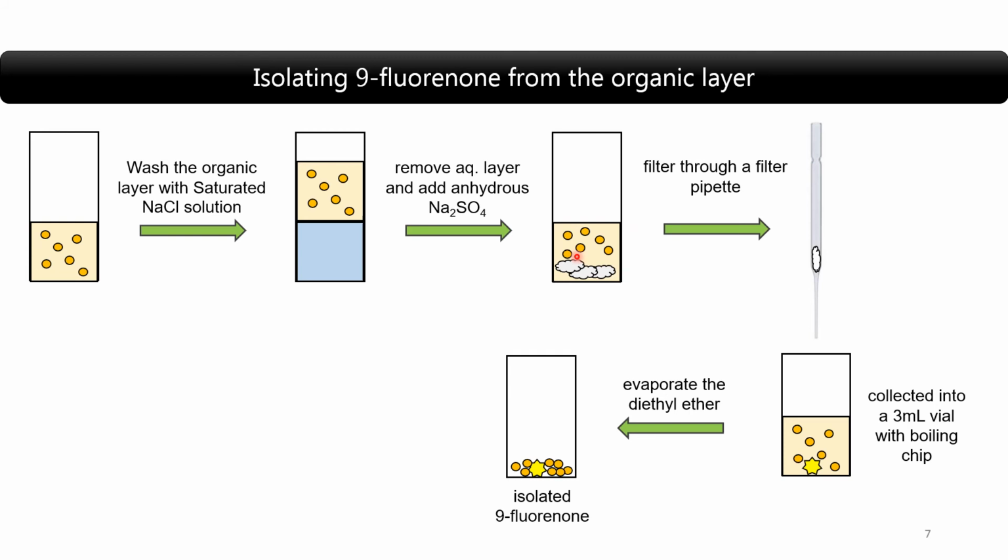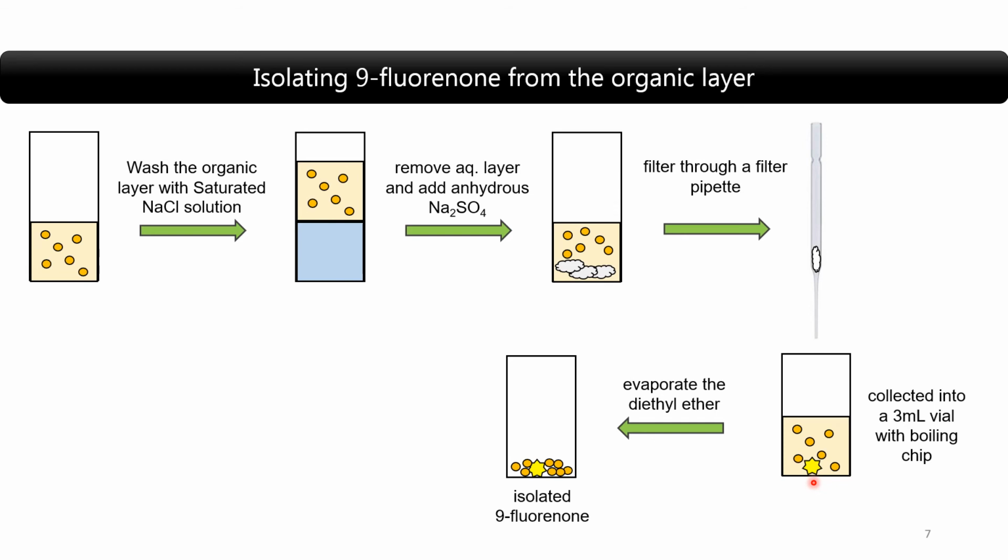Next, we're going to filter the organic layer through this filter pipette and collect it into a fresh vial. And we add a boiling chip. And the purpose of the boiling chip is to prevent any aggressive bubbling when the solution is evaporating.